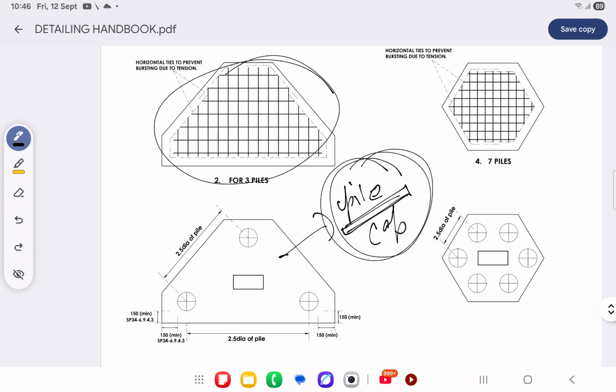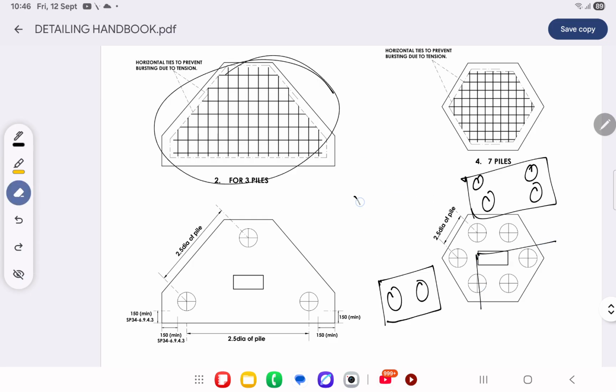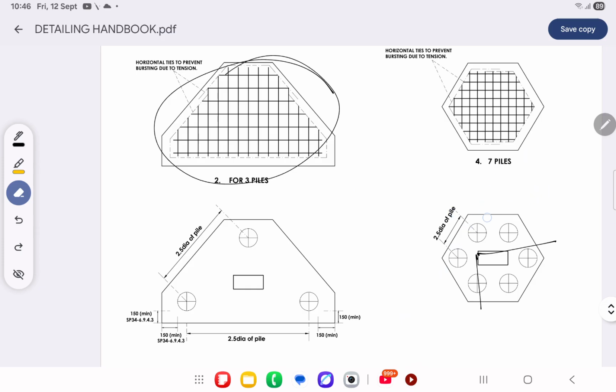Sometimes you will get 2 piles, sometimes 4 piles, and sometimes 3 piles. So we'll see 3 piles here.